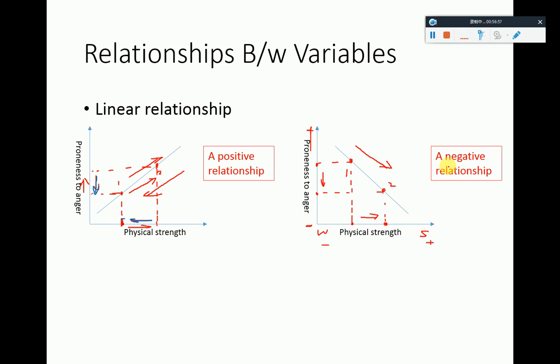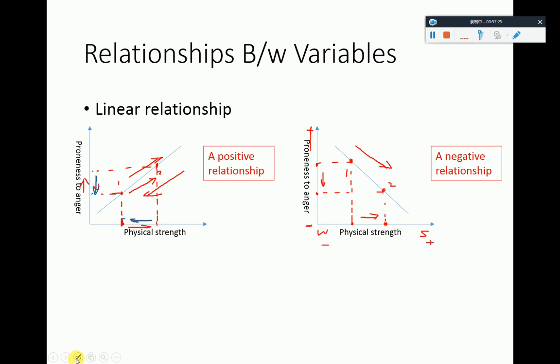So let me repeat. When we say two variables have negative correlations, it means their values move in opposite directions. Here, moving from negative to positive, whereas here, moving from positive to negative, as we move from point 1 to point 2 on this line. Right?